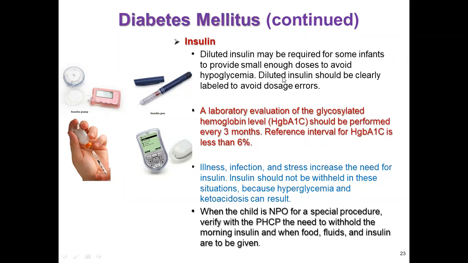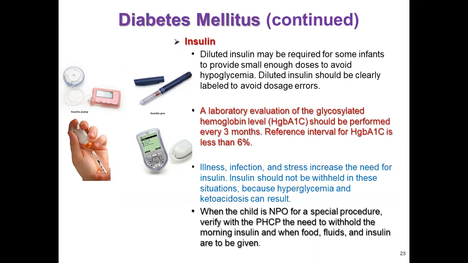Also, diluted insulin should be clearly labeled to avoid dose error. Laboratory evaluation of glycosylated hemoglobin, we call hemoglobin A1C, should be performed every 3 months. So hemoglobin A1C is basically confirmation about the diabetes.